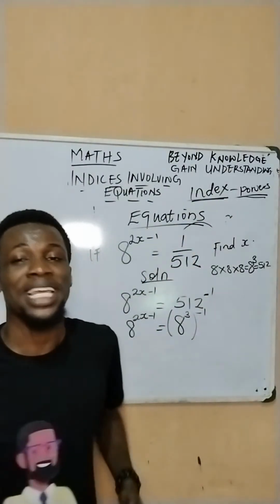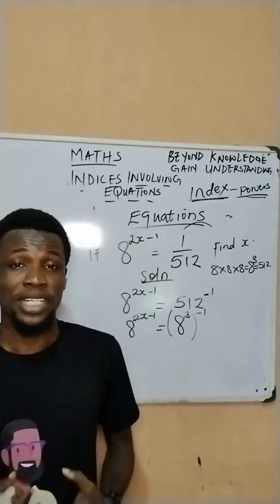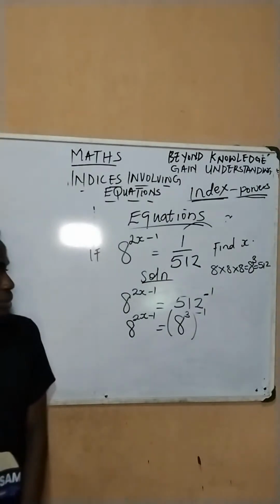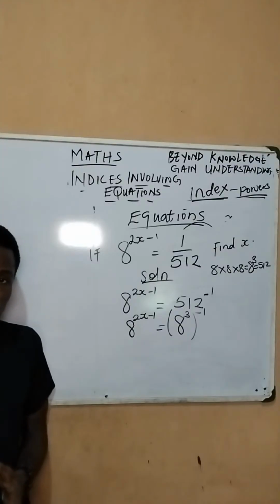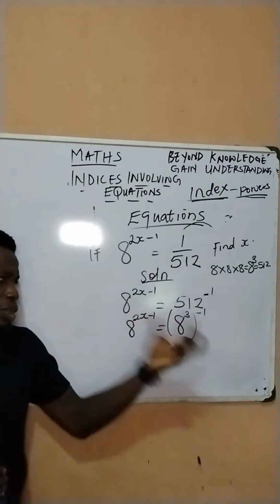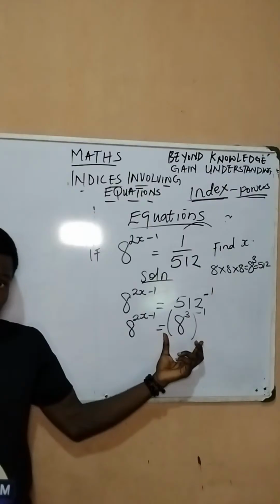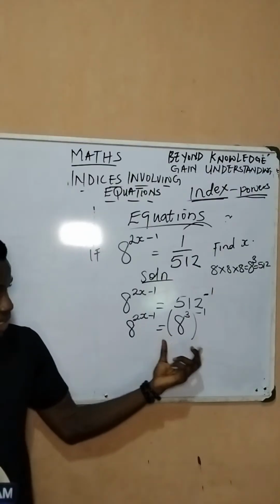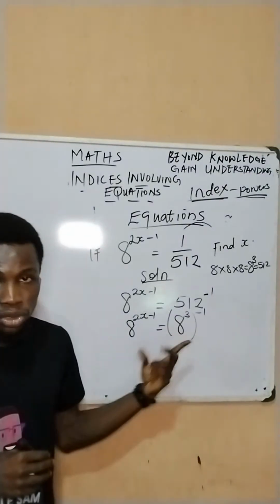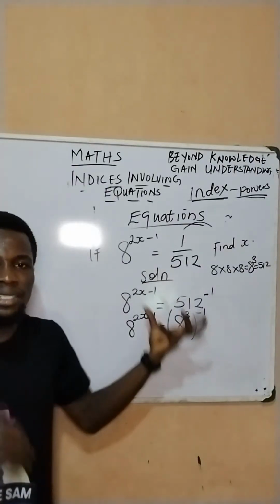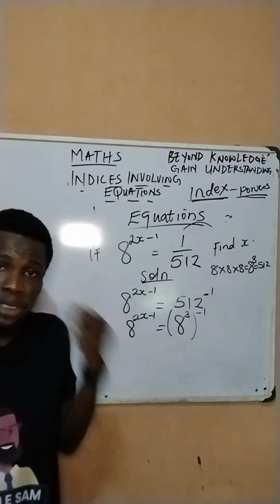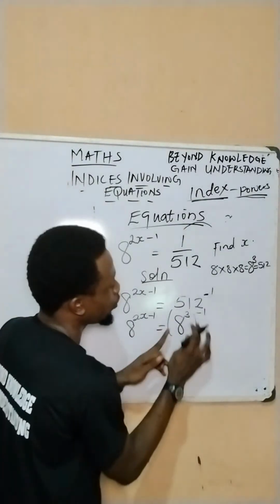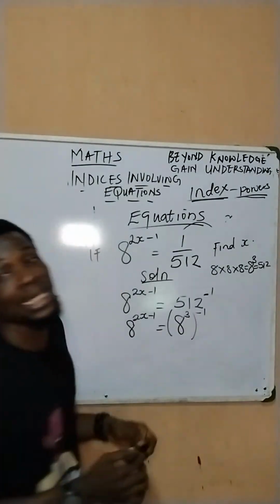I think we have a clue now on how to progress from here. According to the rule of indices, I can apply one of the basic laws of indices, which says that if I have a base raised to a power, and then there's a bracket and an external power, what I simply do is open up the bracket and multiply the powers.